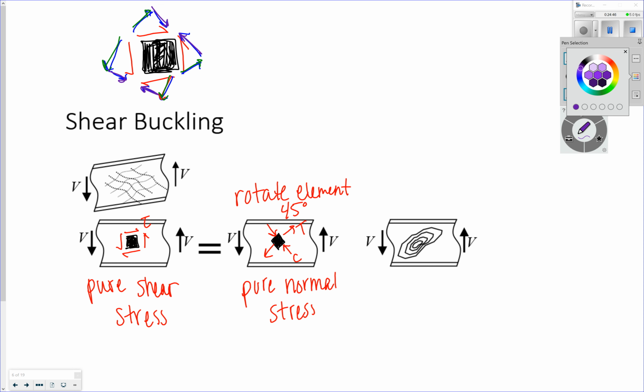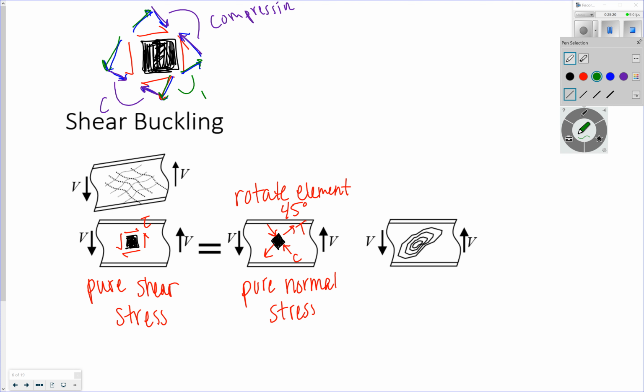I wonder if I could draw that better. So those are compression, compression, or tension.